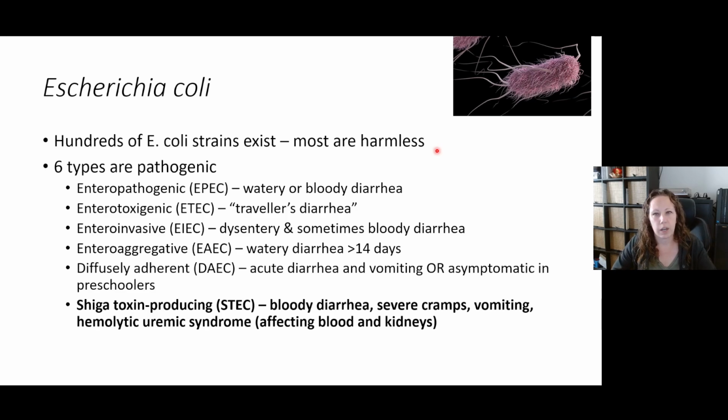These cause bloody diarrhea, severe cramps, vomiting, and something called hemolytic uremic syndrome, which basically shuts down your kidneys. This is also known as enterohemorrhagic E. coli because of the blood part; there's actually hemorrhaging that goes on in your capillaries.